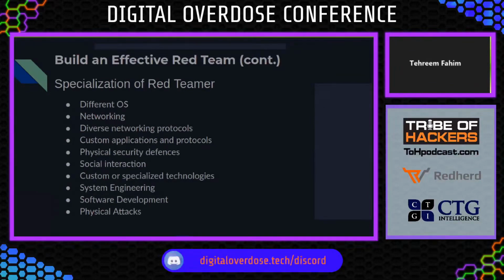Next, he or she should know about common physical security defenses, have great skills regarding social interactions so that social engineering can be performed, and know about custom or specialized technologies. He or she needs to know about system engineering and a bit of software development. And lastly, knows her way around physical attacks.